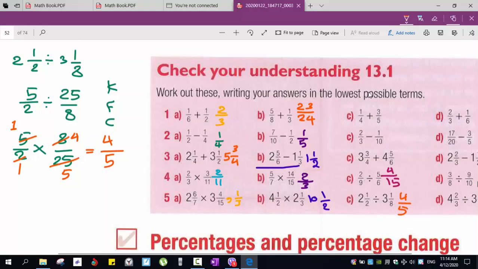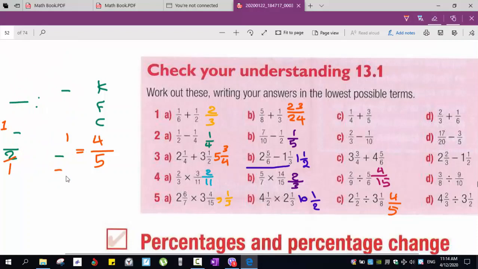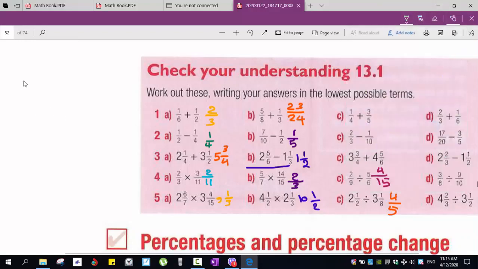And the final question in this set is 4 2 over 3 divided by 3 1 over 2.